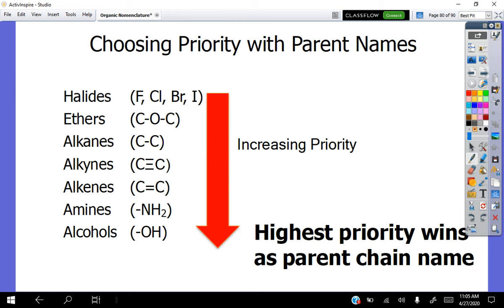If there's a double bond, an alkene takes priority over an alkyne, meaning your parent chain needs to end in -ene. If you have an alkyne, then that would be the next priority. And you'll see actually that halides have the lowest priority. So usually halides are substituents. You don't typically see them in the parent chain.